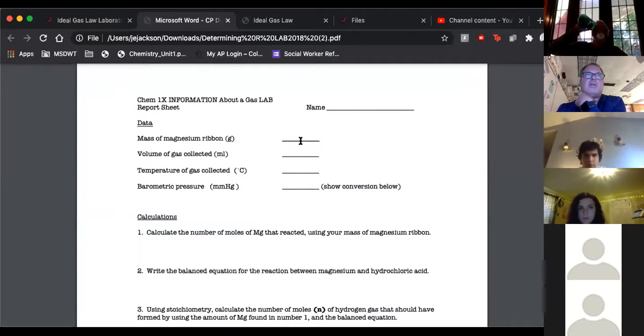So you're getting the mass of the magnesium, the volume, the temperature. Remember, you're collecting this in Celsius, but you need to change it to Kelvin. You're also getting the barometric pressure, but remember, since I'm capturing this gas over water, you need to subtract off that vapor pressure using that chart in the note packet.